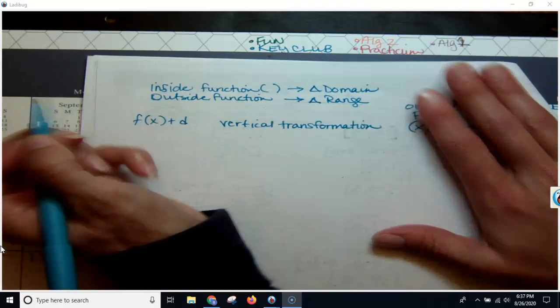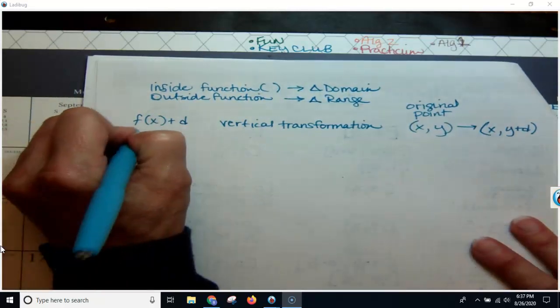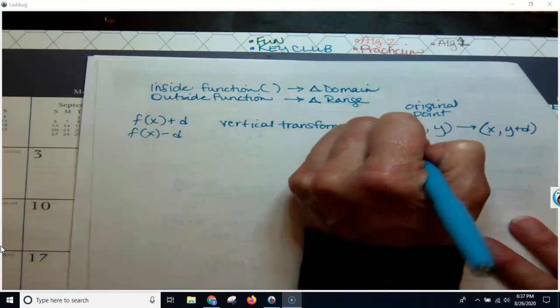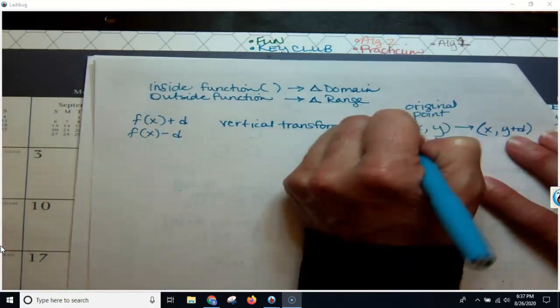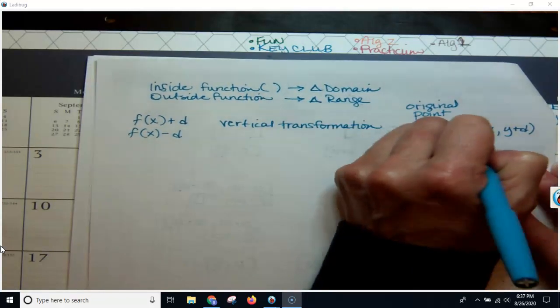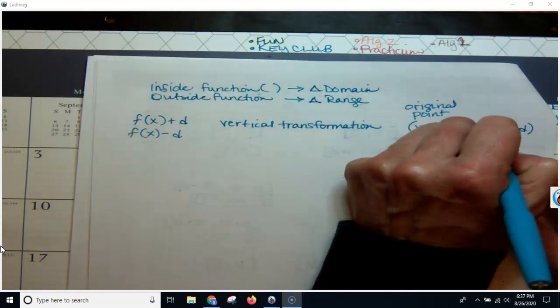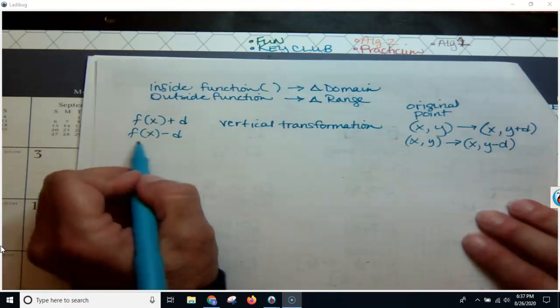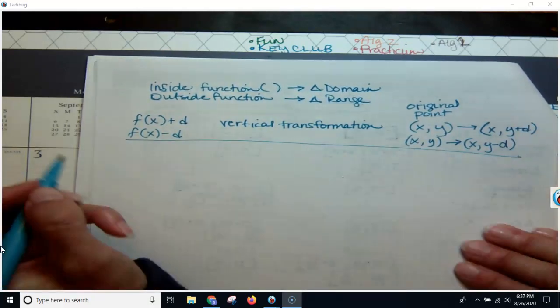So really pay attention. So if I have f of x minus d, that is going to change the x, y to x, y minus d. This is going to be a little cheat sheet chart, okay? So there are your vertical transformations.